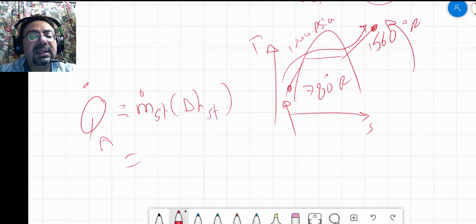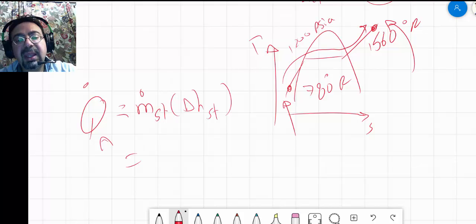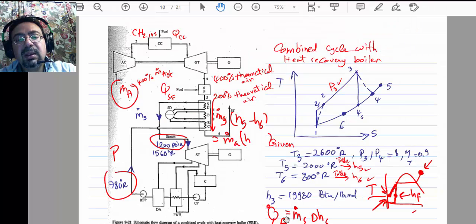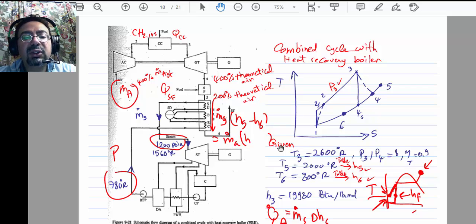This same Q is the same as what the exhaust gas is losing when it goes over here. So it's going to be m dot product, actually not m dot air. The point is it's going to be the Q that it's losing. So all we need is this H6 and H5, and I'll be able to get the mass ratio between this and whatever is flowing over here.